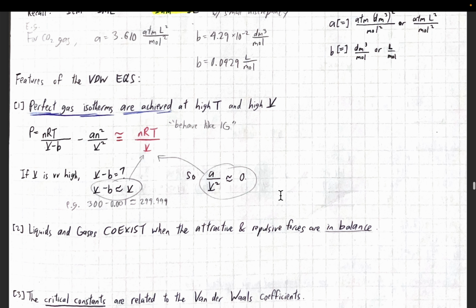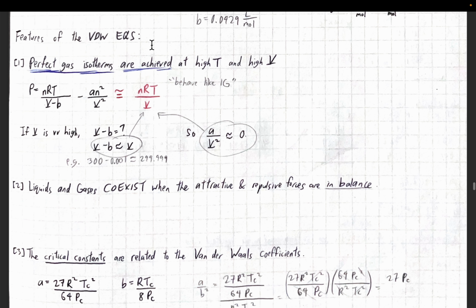Okay, so regarding the features of the van der Waals equation of state, first, perfect gas isotherms are achieved at high temperature and high molar volume. So given high temperature and high molar volume, gases would behave like ideal gas. How? So it's shown here, no?